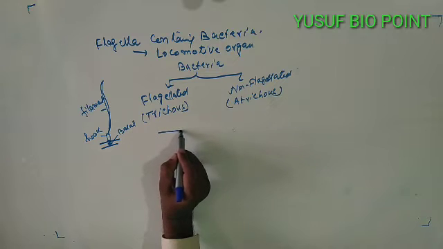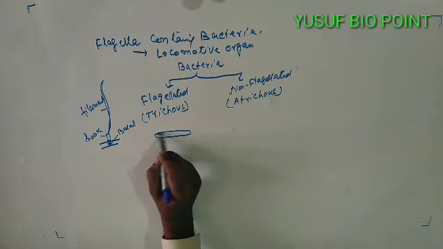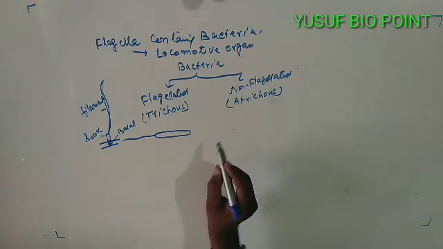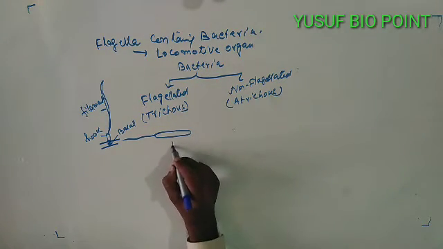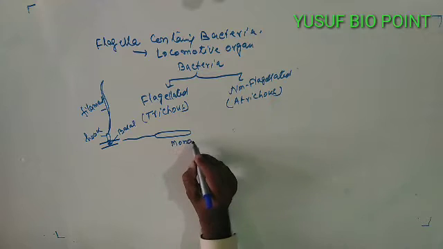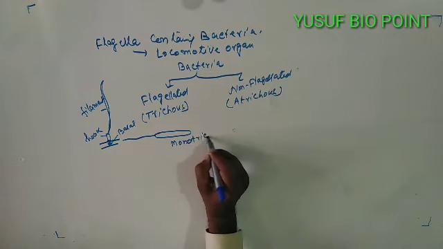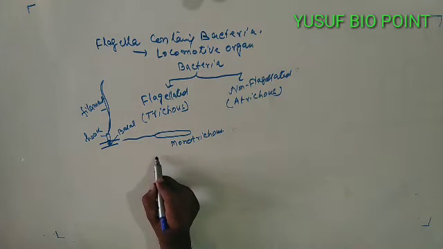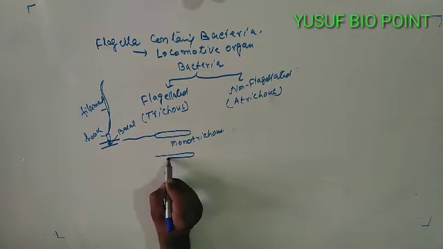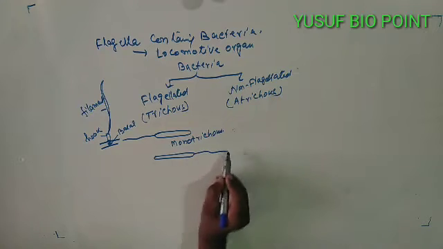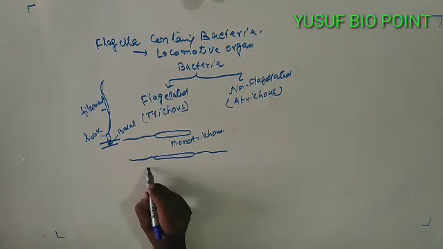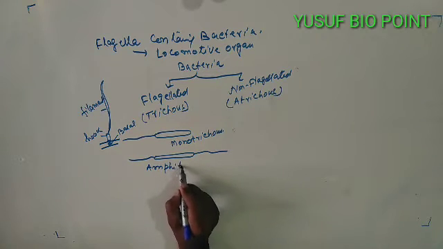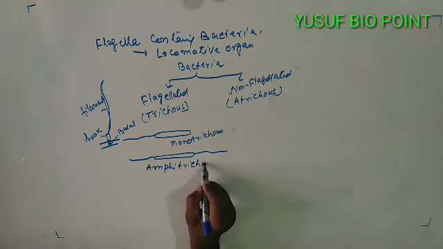If the flagellum is present on only one side and single in number, that is called monotrichous. If it is found on both ends, that is amphitrichous.